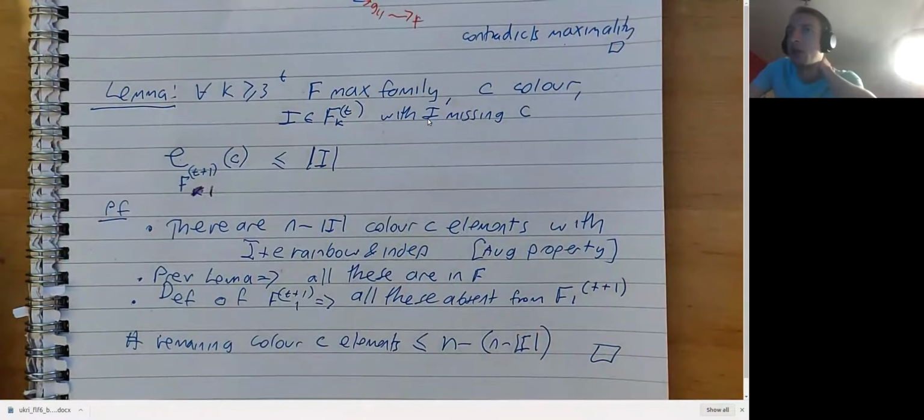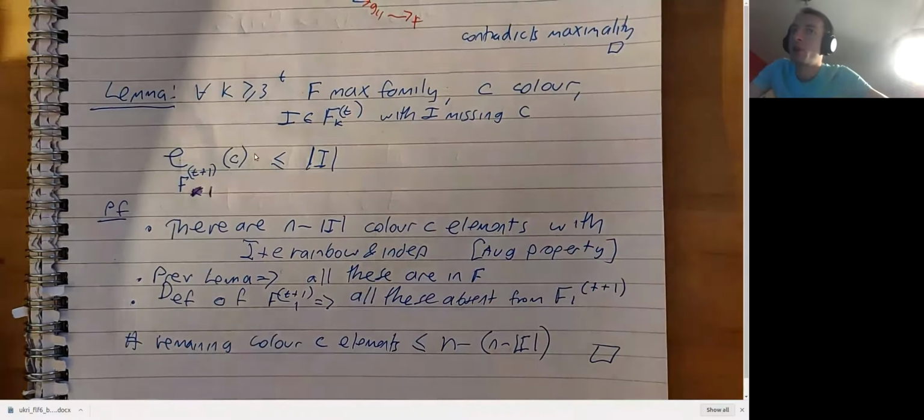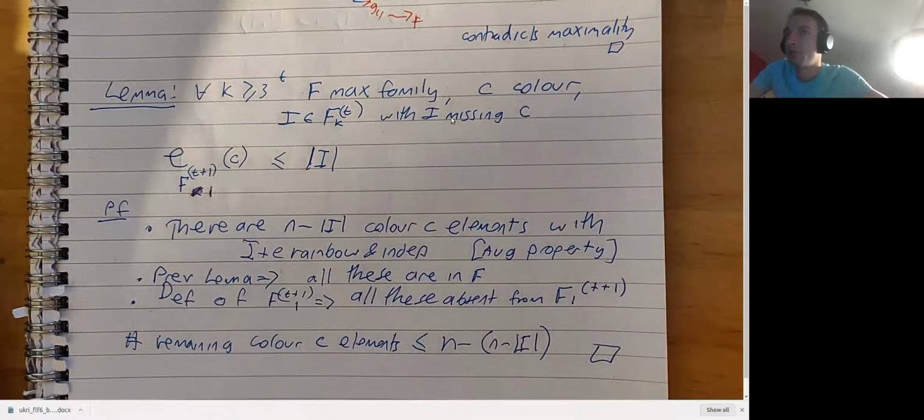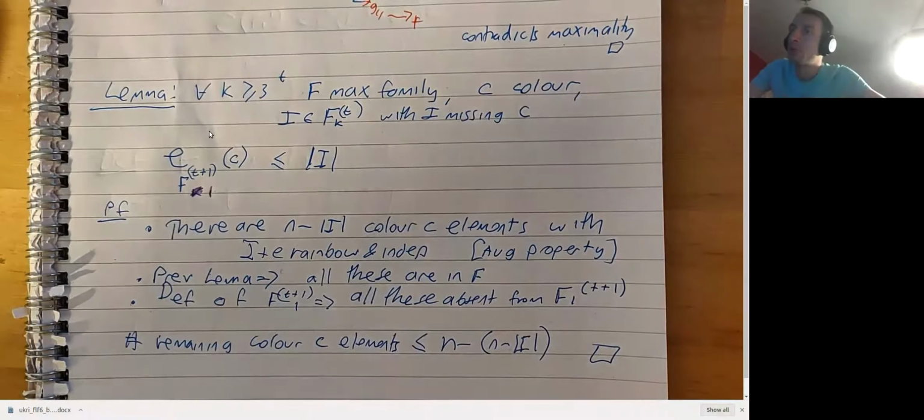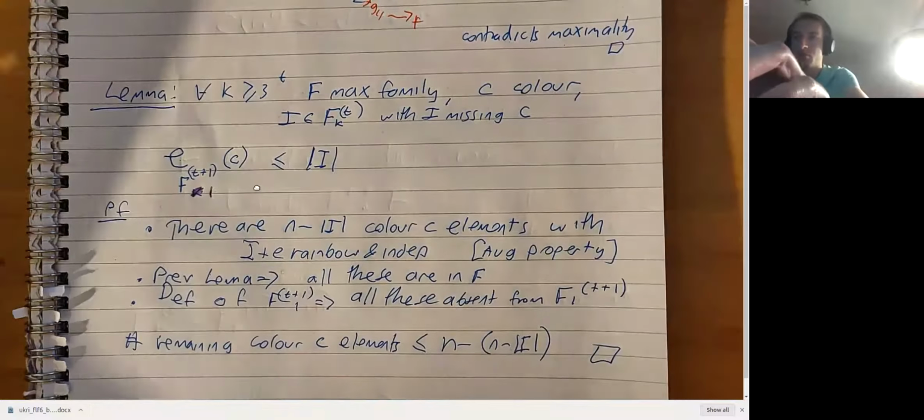This lemma gave you some choice about this independent set I. So for every color, there'll be some particular independent set which gives you the best possible bound here. And you need to do an optimization problem over all such sets. Okay, so that's what I'll say about the proof.